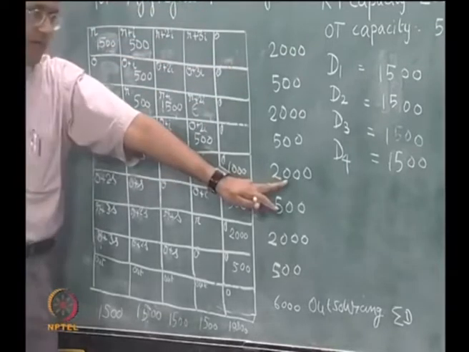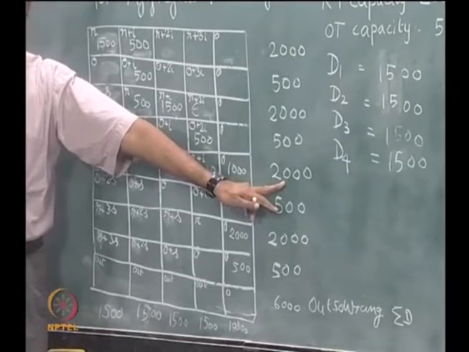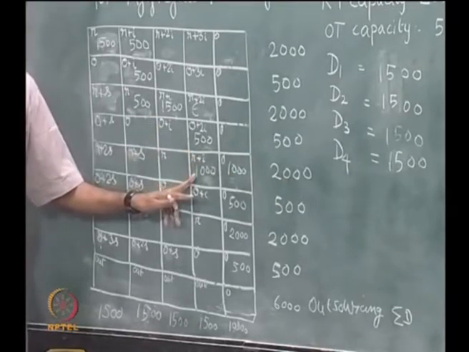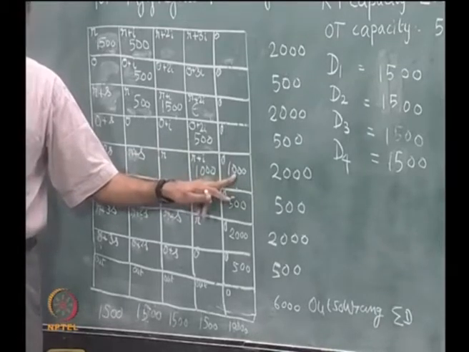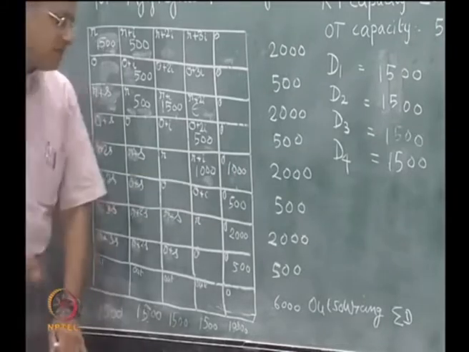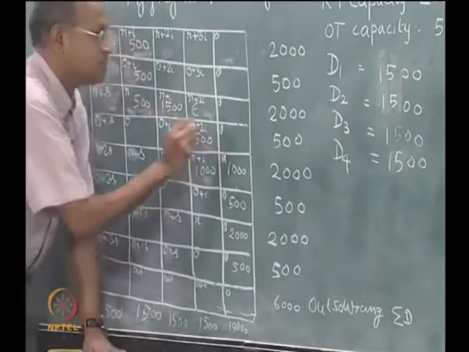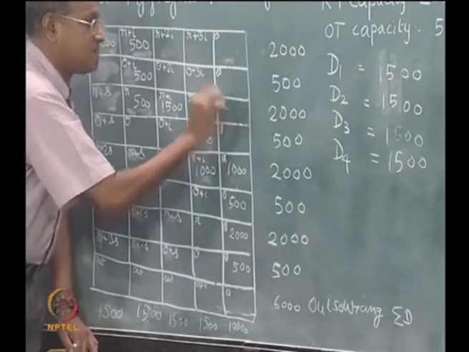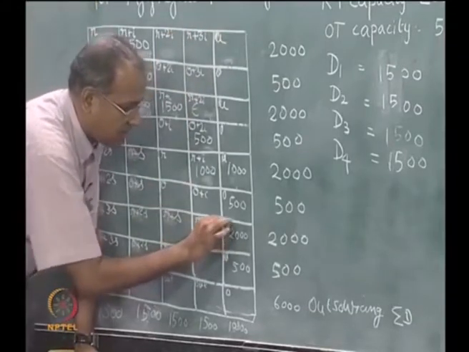For example, if you look at this, this is a regular time of 2000 available, 1000 has been utilized, 1000 goes to dummy, which means this 1000 is not utilized, which means it results in an underutilization cost. So, there is an underutilization cost here, here, and here.